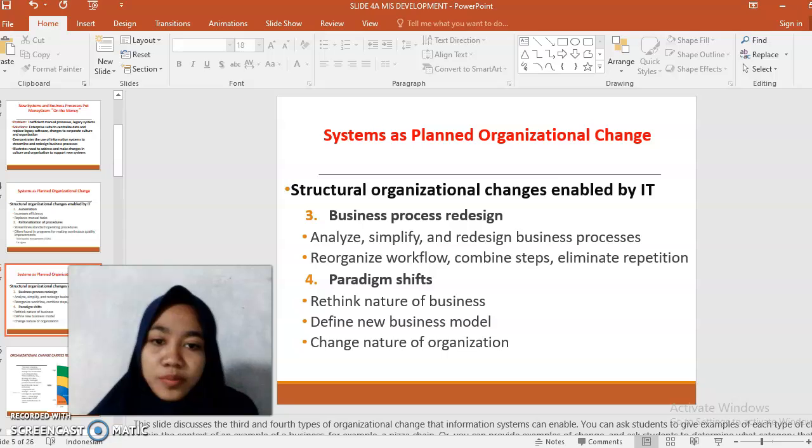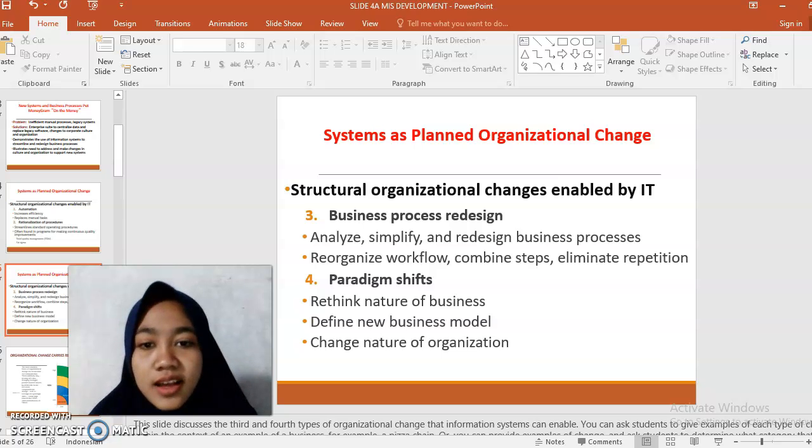Business process redesign: analyze, simplify, and redesign business processes; reorganize workflow, combine steps, eliminate repetition.